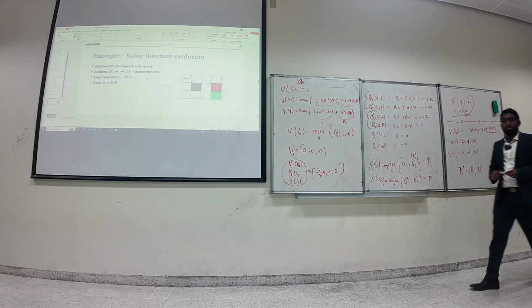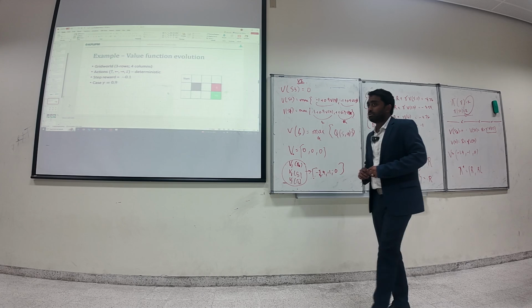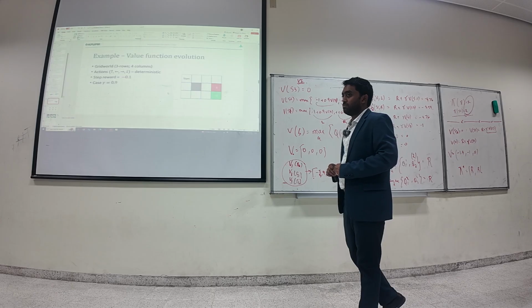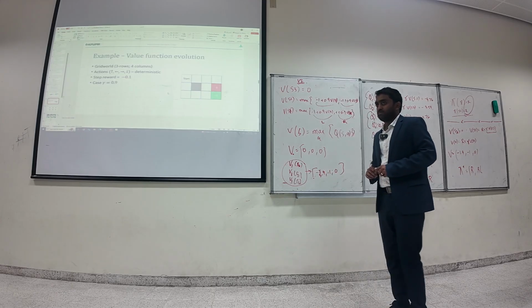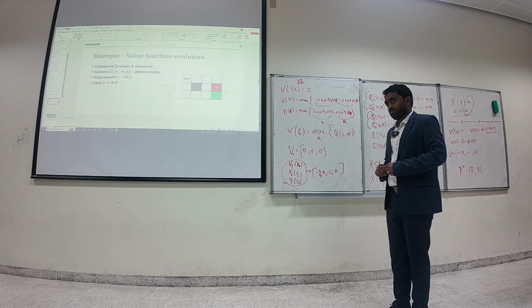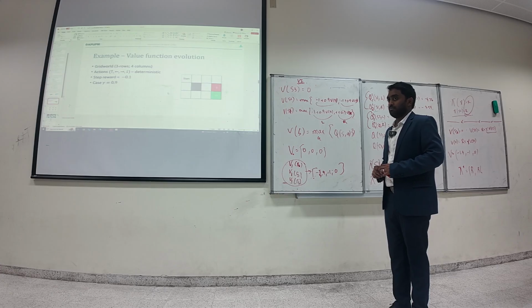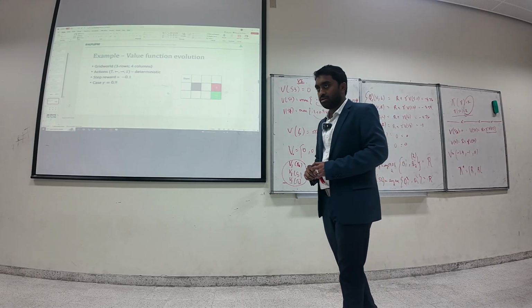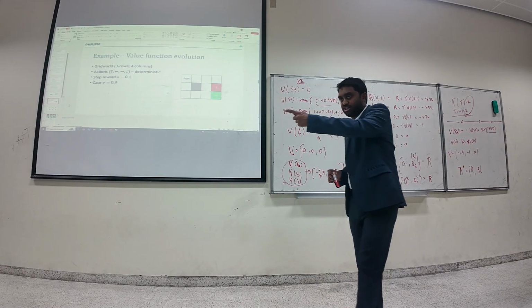Can I start by it? I can get the max, and from that I can get the best action to take. Here I know the right is the best from the max. Start by taking right? That would be your policy iteration method.